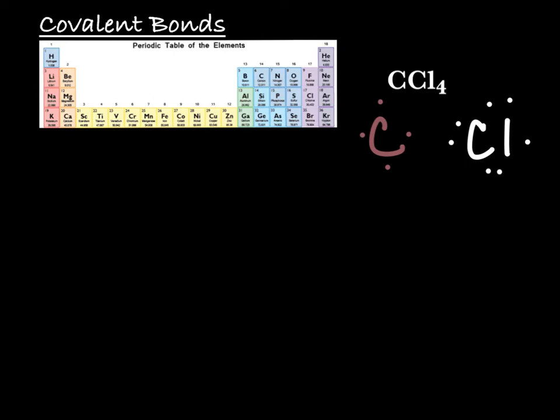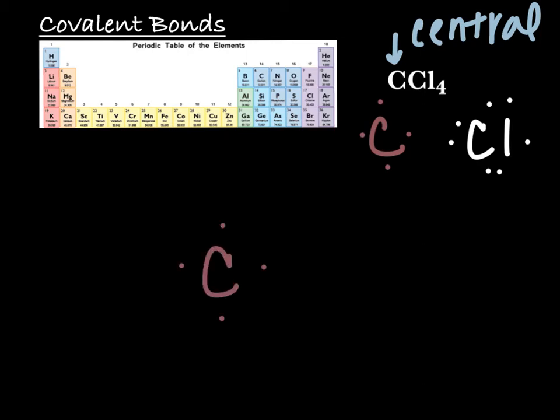When you have a formula like this, usually the first element goes in the center. So this is going to be the central atom. Carbon we're going to put in the middle with the 4 electrons that it has. And then chlorine, we're going to put chlorine around carbon so that we can match up our electrons.